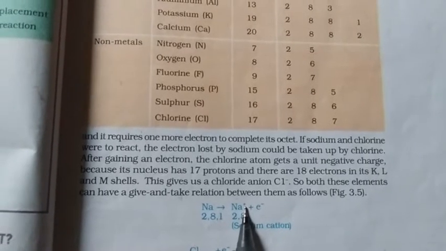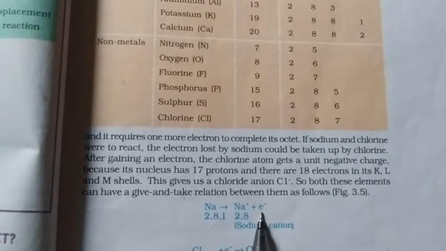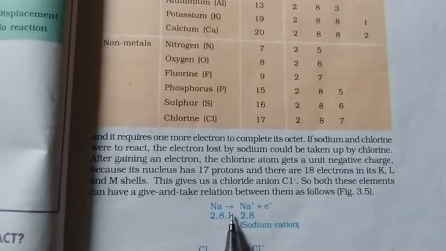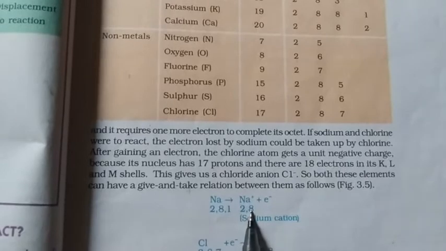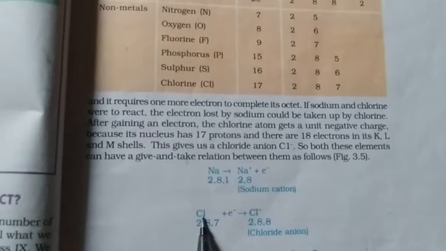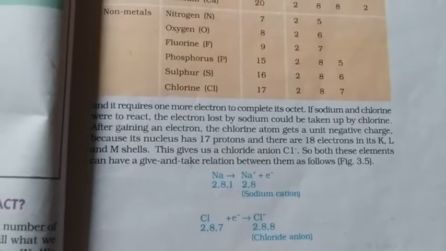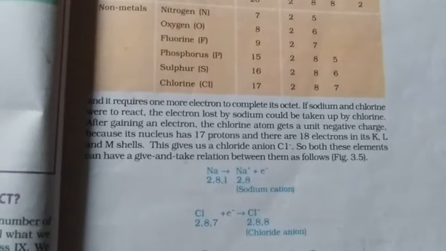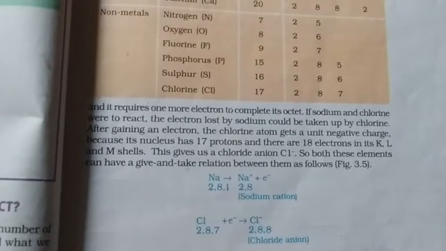Now you see, if sodium releases 1 electron, then, as we have discussed, sodium will form Na plus, right? 1 electron is released by this sodium. So you see sodium's electronic configuration 2, 8, 1. After releasing 1 electron, it will be 2, 8. Now this chlorine, as its electronic configuration 2, 8, 7 indicates, has the tendency to accept 1 electron to get a stable configuration.